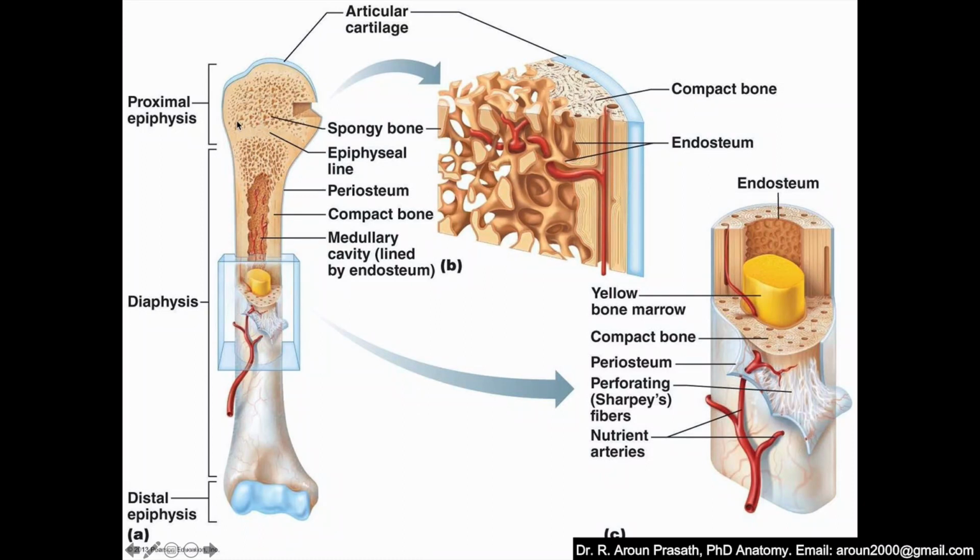This is cartilaginous in nature up to a certain age; later it will be converted into bone cells. We will discuss bone growth later. Just know the ends are called epiphysis, and the shaft is called the diaphysis.